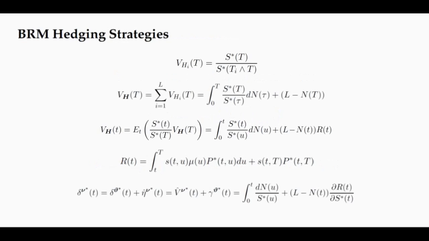And the portfolio value of the sum of all these individual policies would just be the sum over all these individual policies, and this can be given by the next equation, where the mortality process N obviously plays a role.